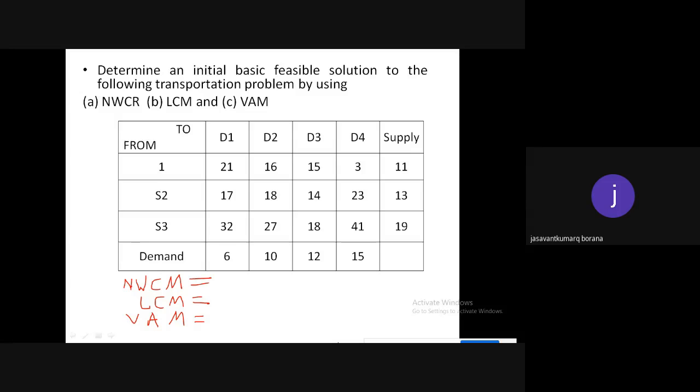So the northwest corner answer is 1095. Others, as and when you complete, just check whether it is 1095 or not.